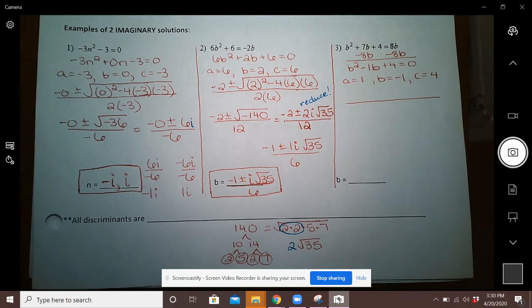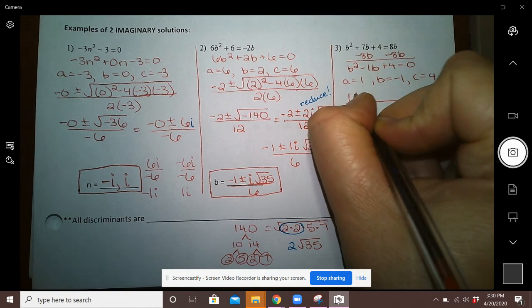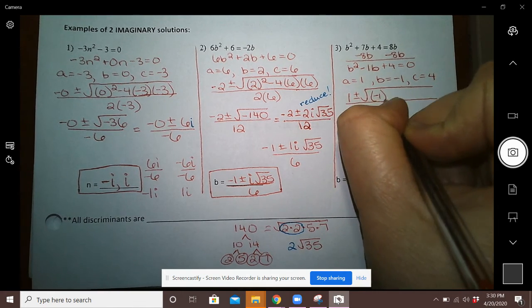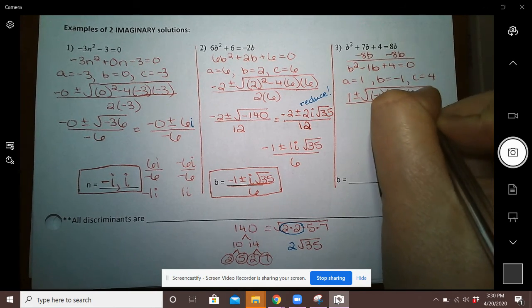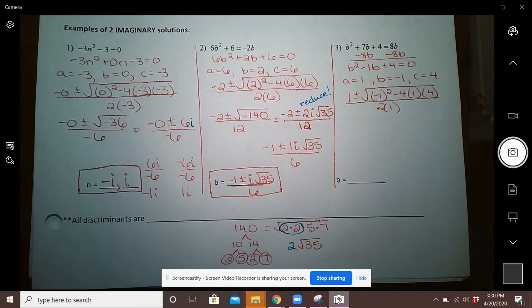Put everything in the right position of the formula. Negative b would just be a positive 1 this time, plus or minus the square root of b squared minus 4 times a times c, all over 2a.